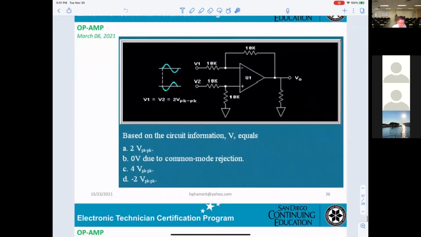Now, based on the circuit information, VO equals what? C. Okay, you get 2 volt here. You get 2 volt here.